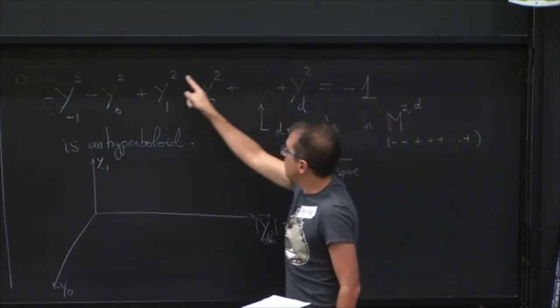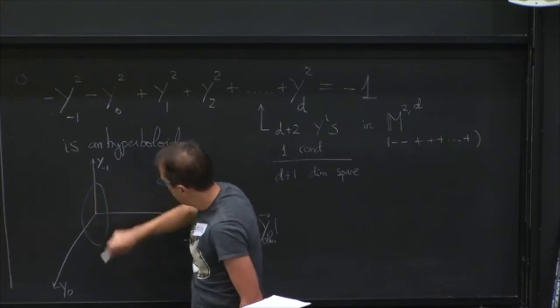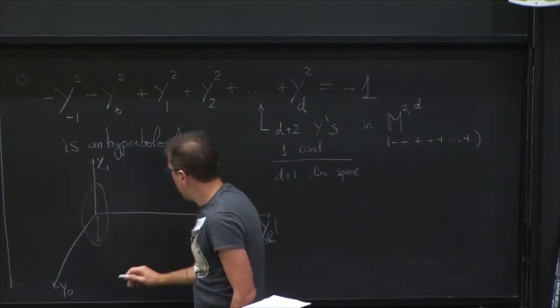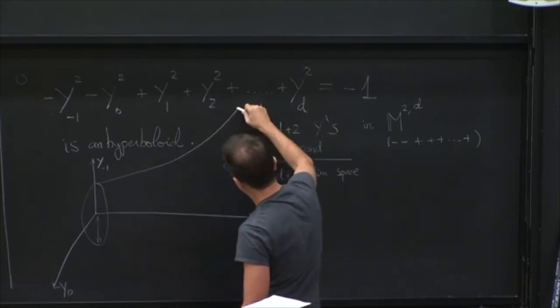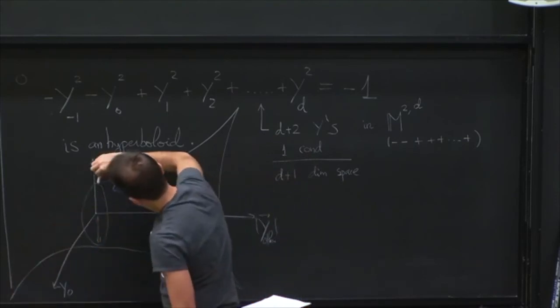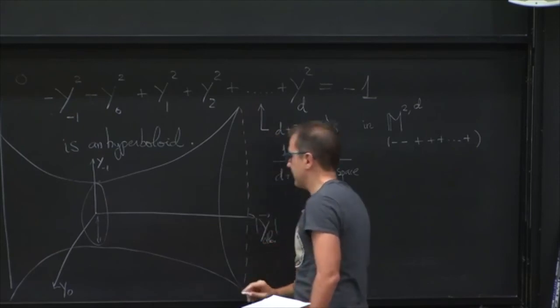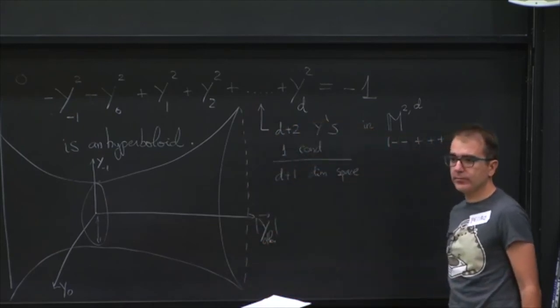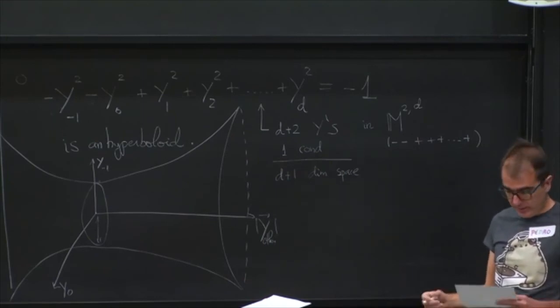So when this something positive is 0, we get a circle of unit radius here. So this is 1. And then as these guys increase, the circle just becomes bigger. So it's a hyperboloid like this. Clear? It's just a hyperboloid like this.